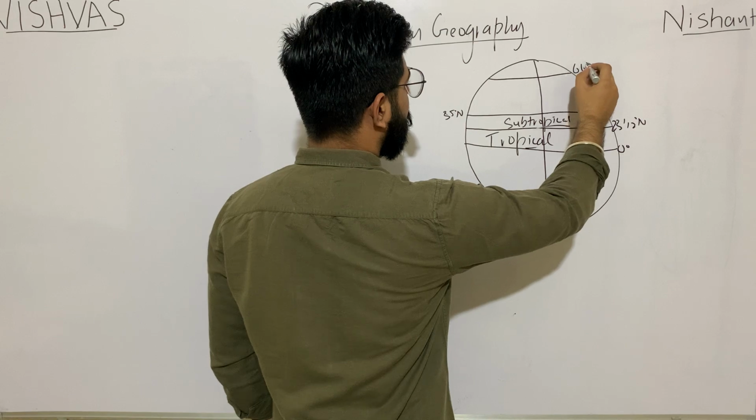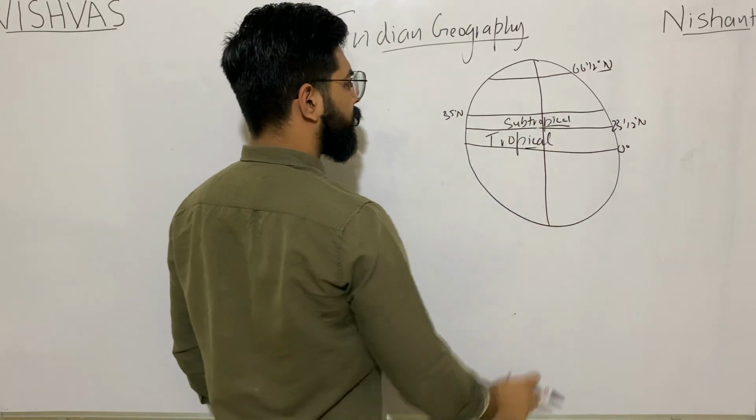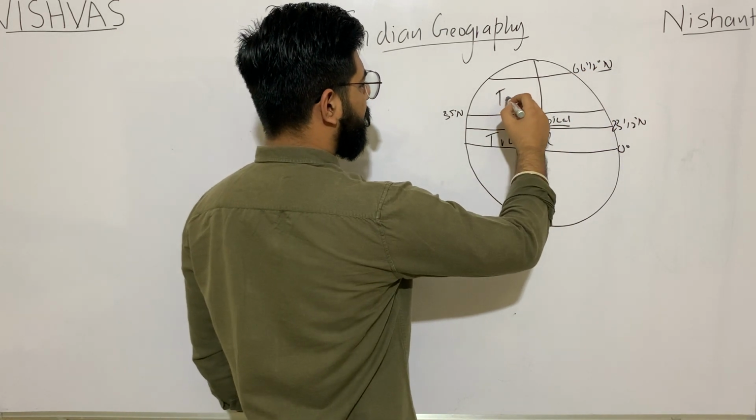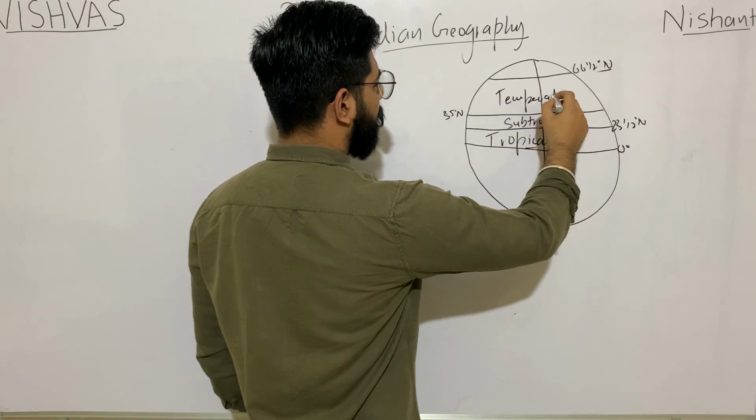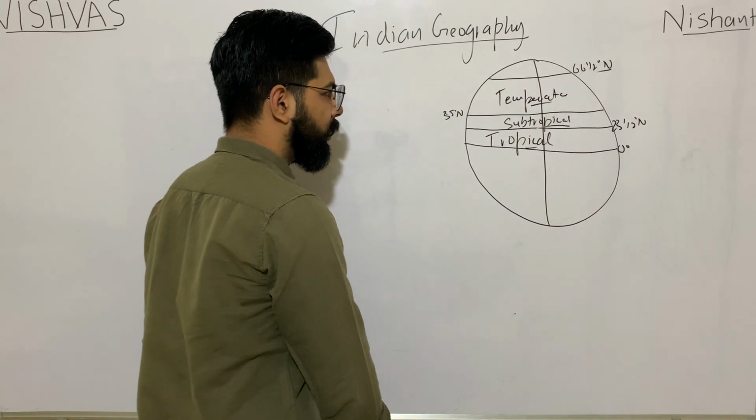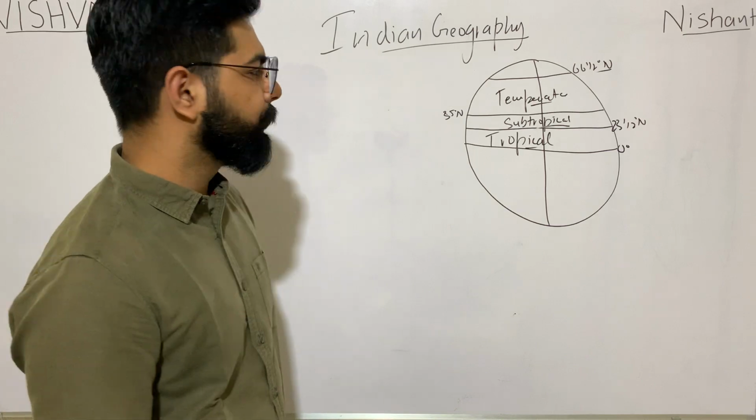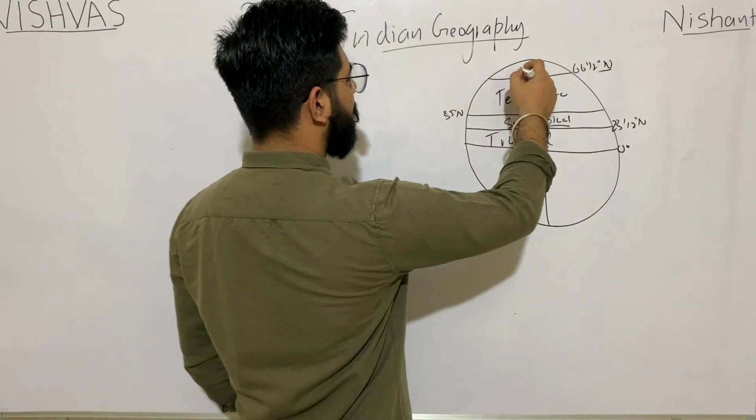Further, 66.5 degree north, this will be known as temperate or mid latitudes, and this will be the polar region.